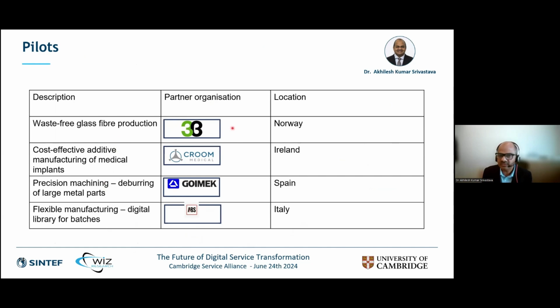So what happens in this case, I will just take one example here, is that these glass fibers are quite thin, and during the production processes, they break without any warning. So what we are doing here, by installing lots of sensors, measuring various parameters, and by doing data analytics, we are trying to find out the root cause of the failure and why the breakage is happening.